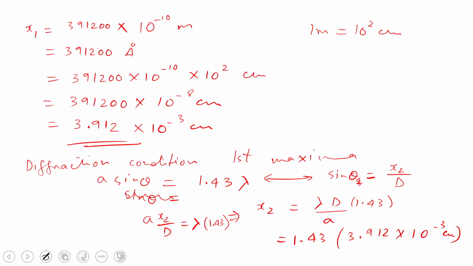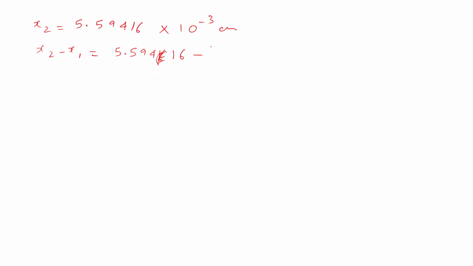So x2 minus x1 means 5.59416 minus 3.912 multiplied by 10 to the power minus 3 centimeter. When we subtract, it will be 1.68216 times 10 to the power minus 3 centimeters.